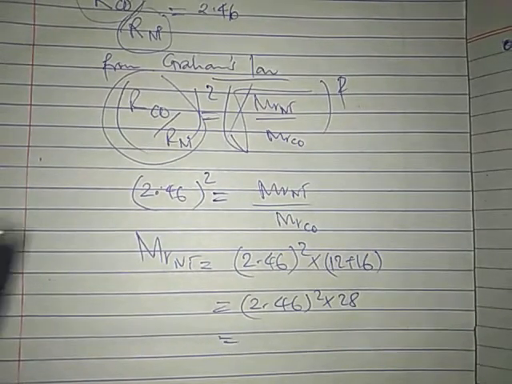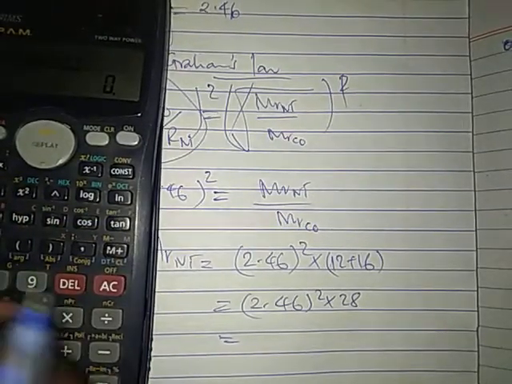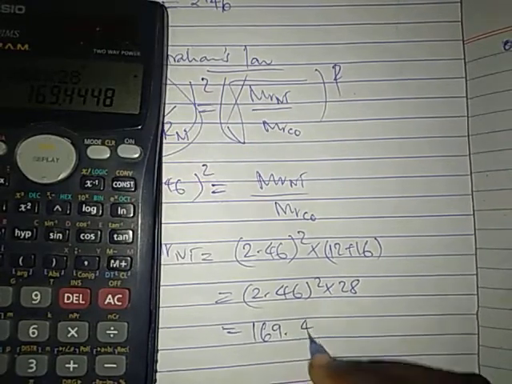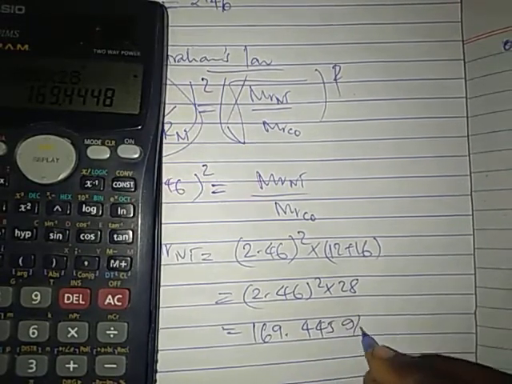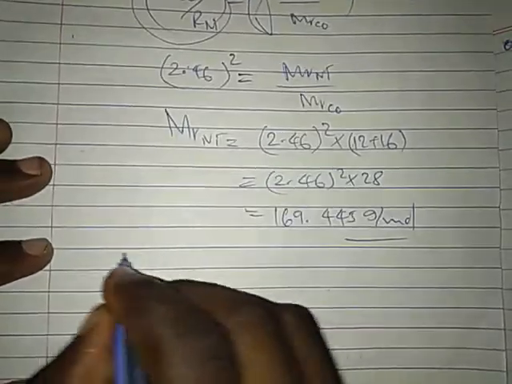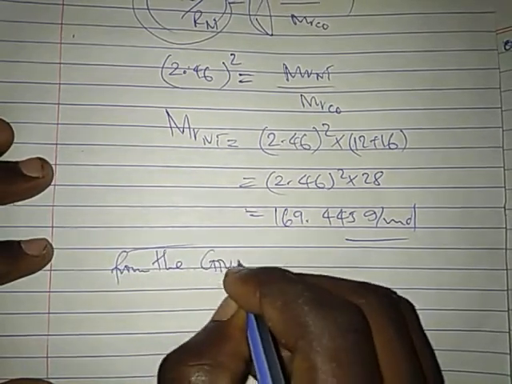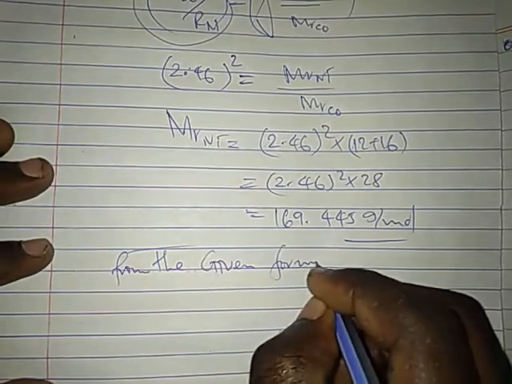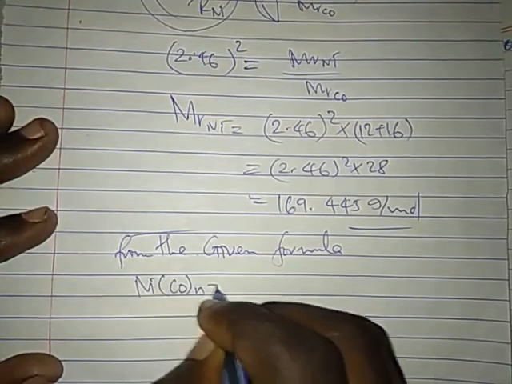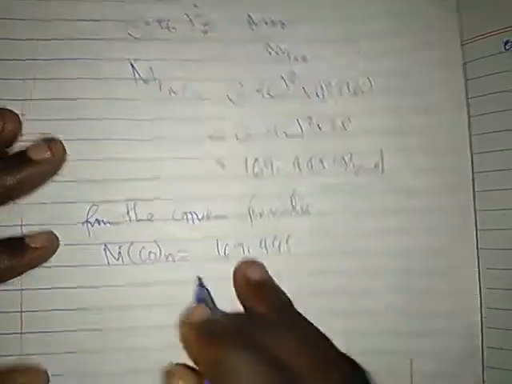Kwa hapo utakuja kupata ngapi? 2.46 square mara 28. Utakuja kupata 169.445 gram per mole. So from the formula of the compound ambayo tulipewa, nickel then carbon monoxide n is equal to 169.445.